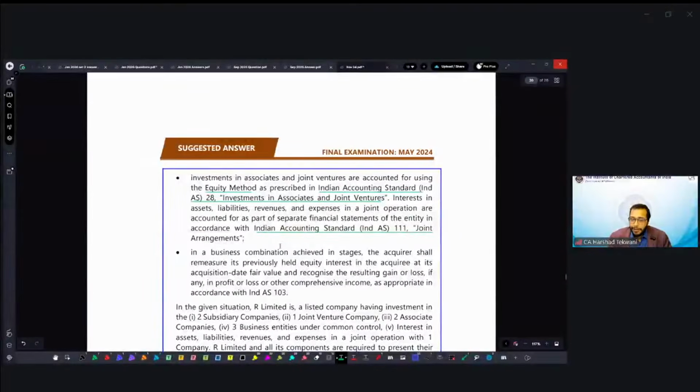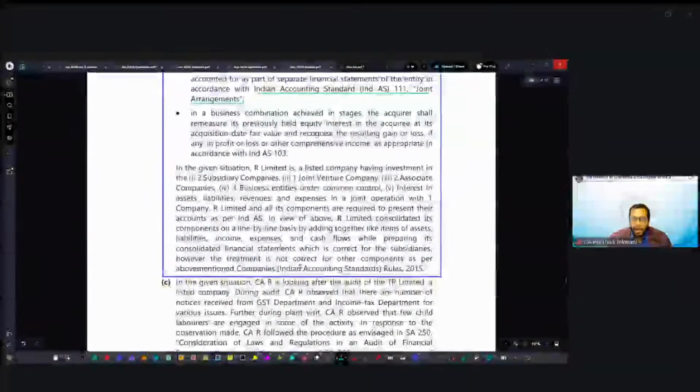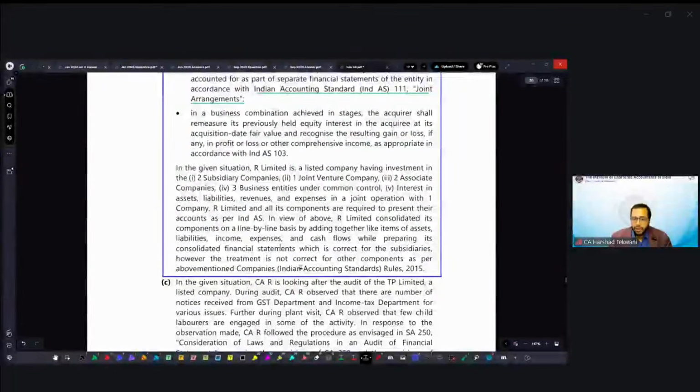Ind AS 111 for the joint arrangements. So all these Ind AS you need to specify, and accordingly you need to say that line by line consolidation in this given scenario, the basis of adding together, is not correct and not appropriate for all the entities. It is not correct for the other components, and you need to follow the rest of the standards for other components. This is how you should write the answer.